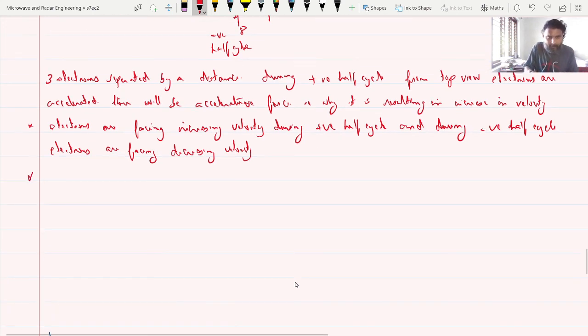So what happens? The electron process is continuously happening. Electron flow, or the process, I will write, in the sense of electron movement, is continuously happening.